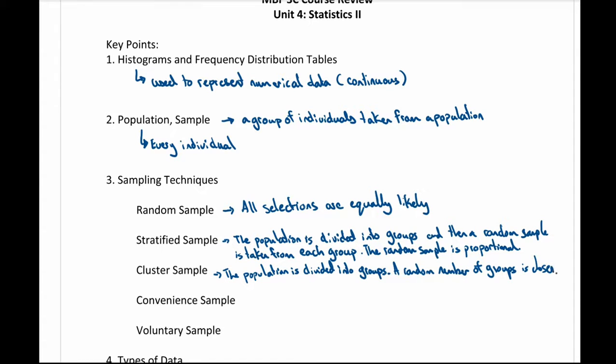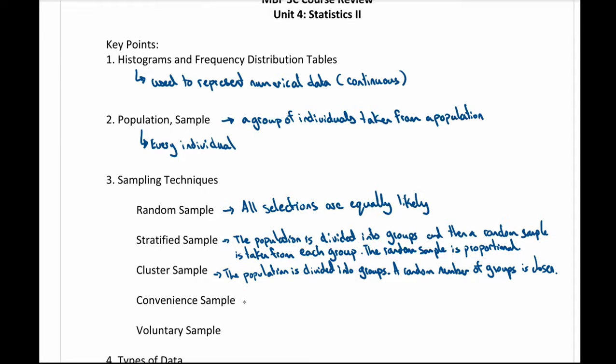So similar to stratified sampling, however, in cluster sampling, after you divide them into groups, you're selecting the entire group. So if I'm dividing it up by grade, I'm going to select an entire grade, not just individuals from every grade or every group.